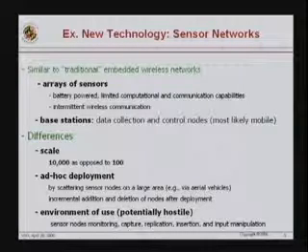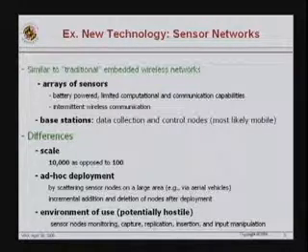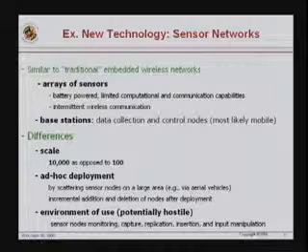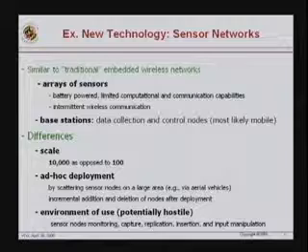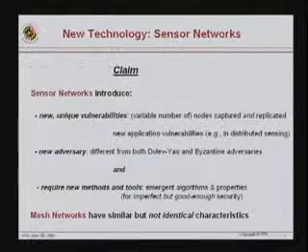So this is the kind of new technology that I'm postulating. Now, I've seen a couple of networks like this. They are used in defense, but you could have something similar to this.